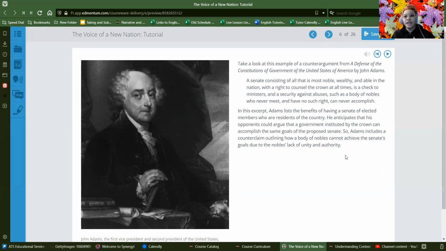So what he's trying to say is nobles who don't meet with each other, who don't actually convene to talk about issues, they can't come to a conclusion on solving problems if they never meet and never discuss things. And he's implying it's important to have a lot of voices making the rules and not just one person. So you can have some nobles telling the king to do this, that, or the third, but they have to actually meet.